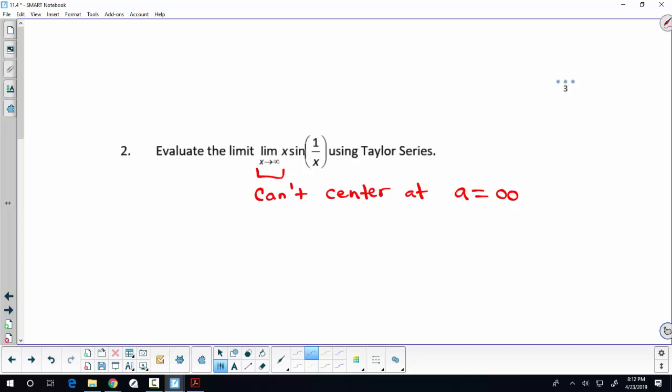So what should we do? Anybody have any ideas? So if we wanted to center this around 0, how would we go about doing that?